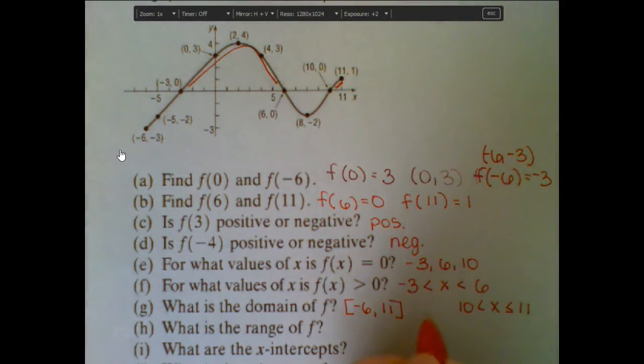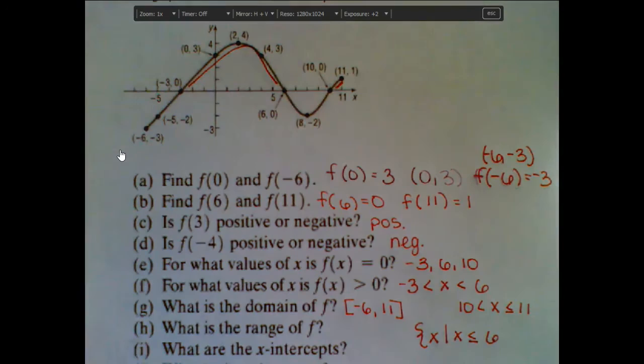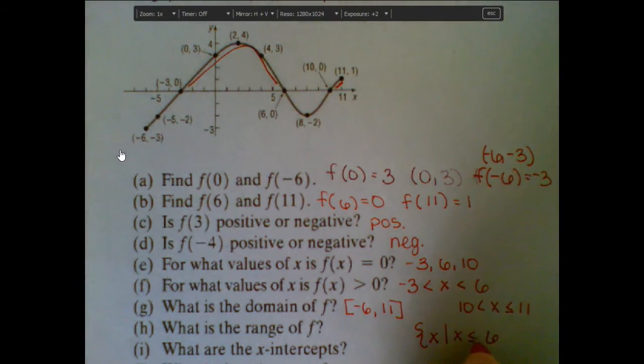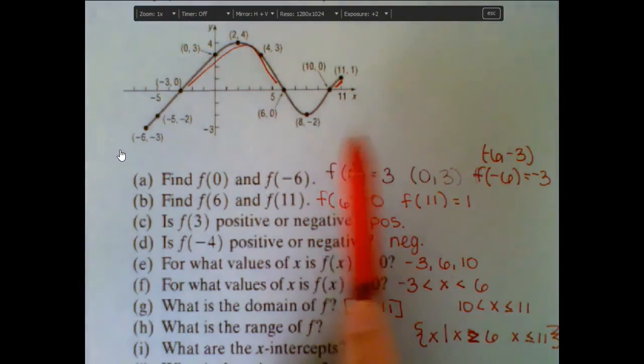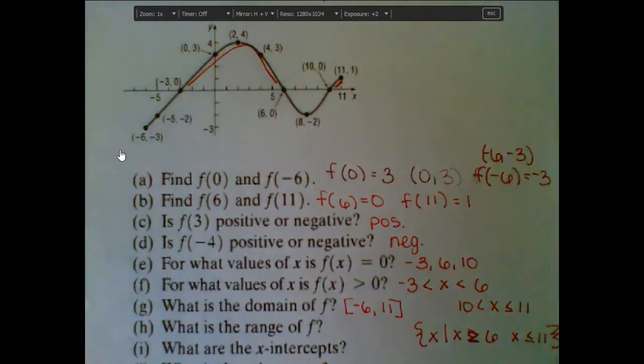The other option would be x such that x is greater than or equal to negative 6, and x is going to need to be less than or equal to 11. The reason that would be true is because all of your x values are between negative 6 and 11. Okay, that's what you're talking about, your domain.